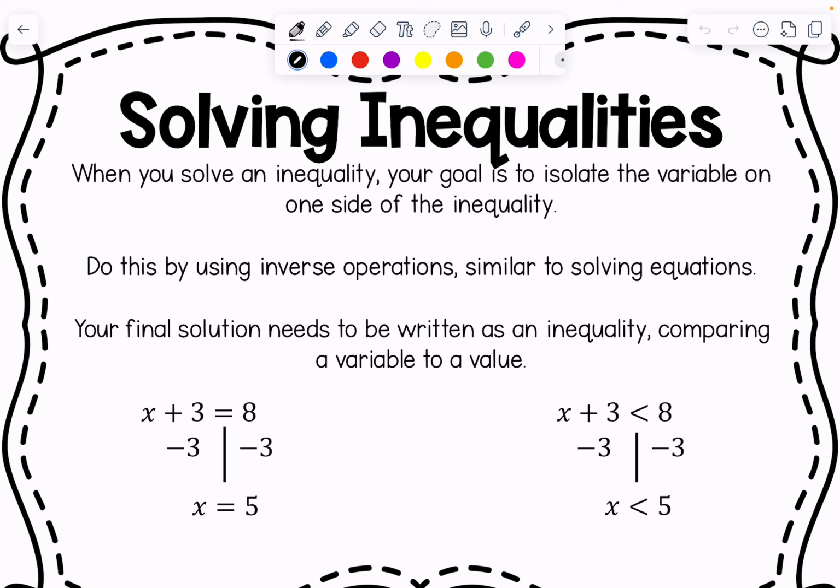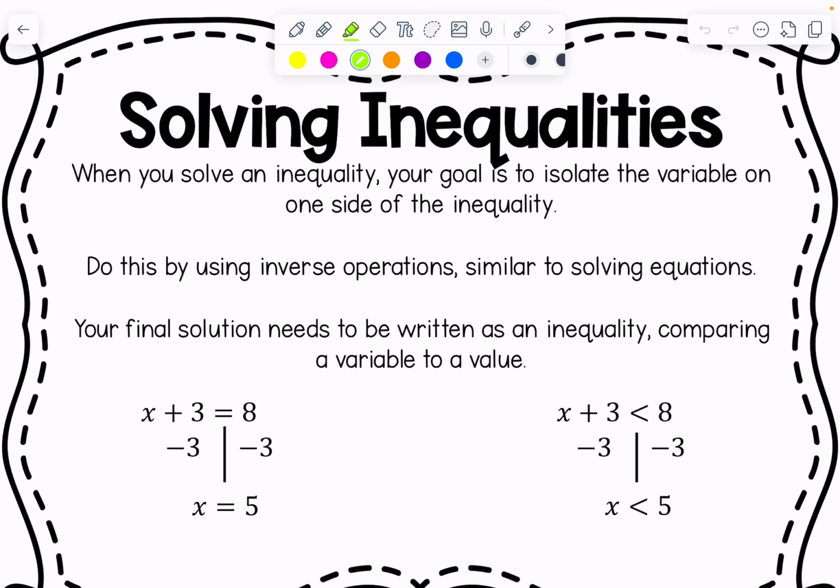Whatever you do to one side of the inequality, you want to do to the other side, just like we did with equations. So, for example, if we look here, we have an equation: x plus 3 equals 8.